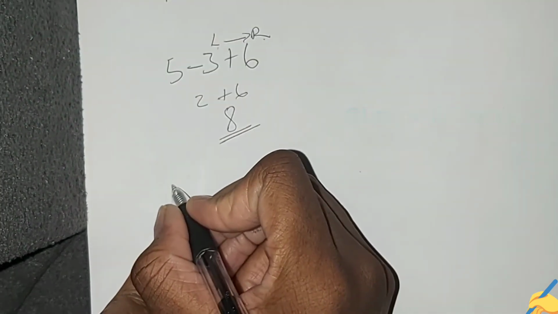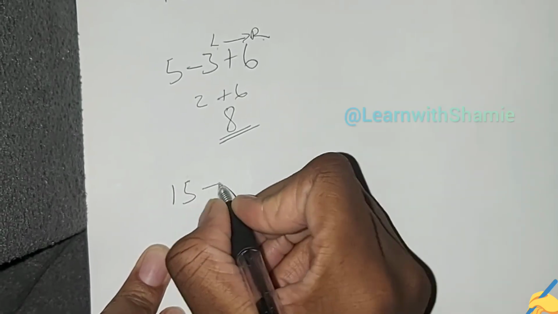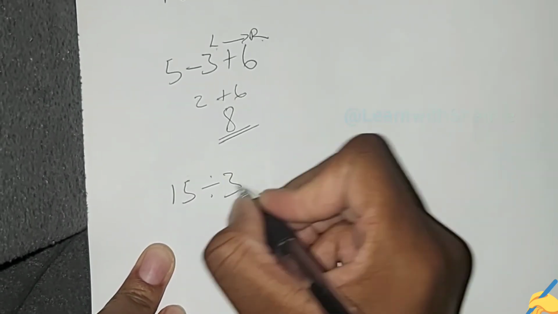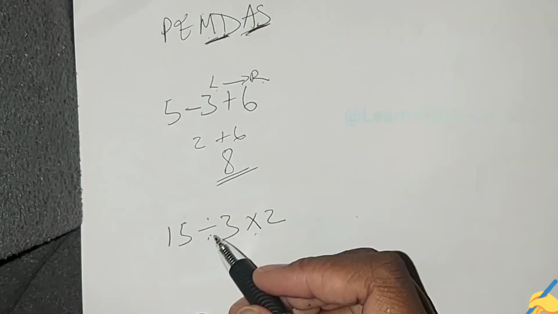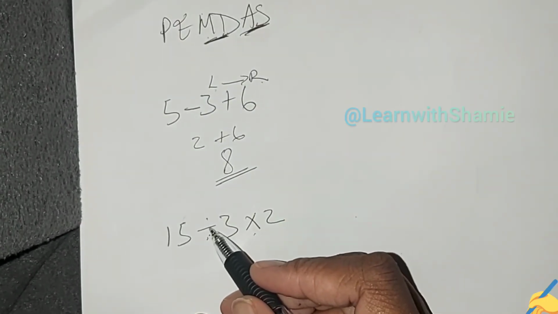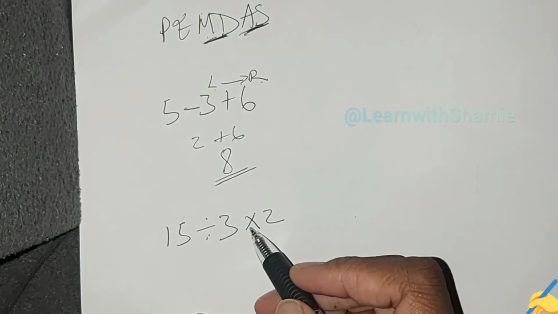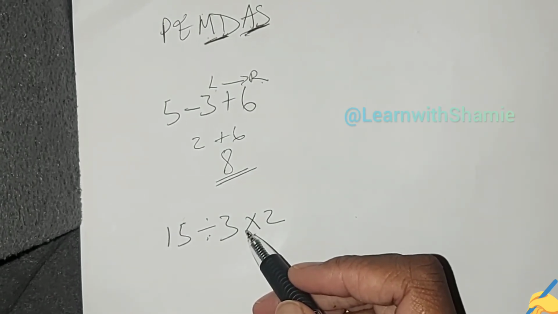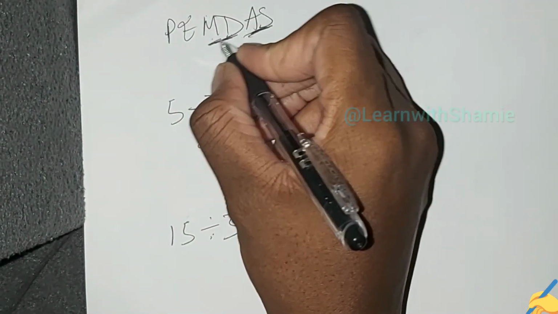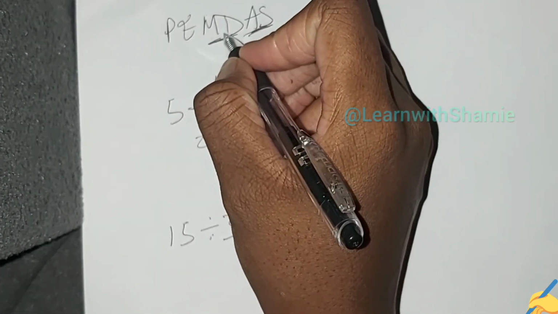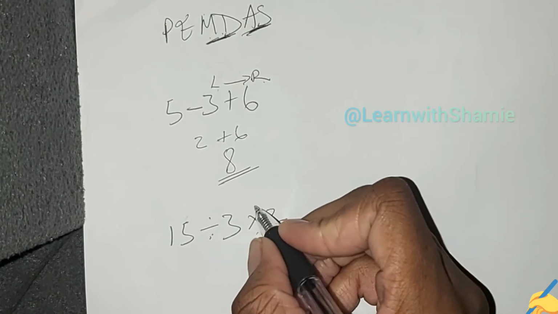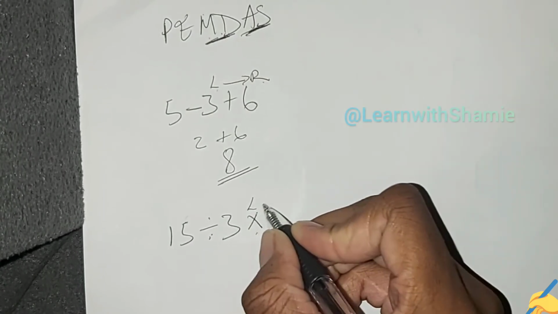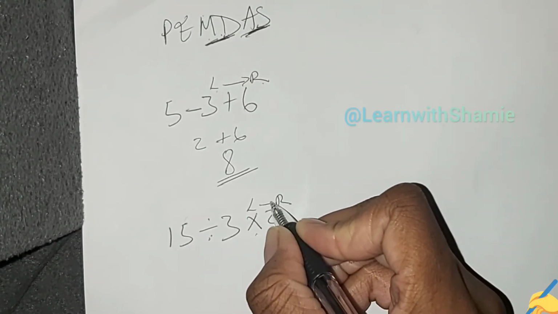Let's take a look at this one. 15 divided by 3 multiplied by 2. In this equation, we have the operations division and multiplication to be carried out. Multiplication and division are of equal importance, so you work the equation from left to right.